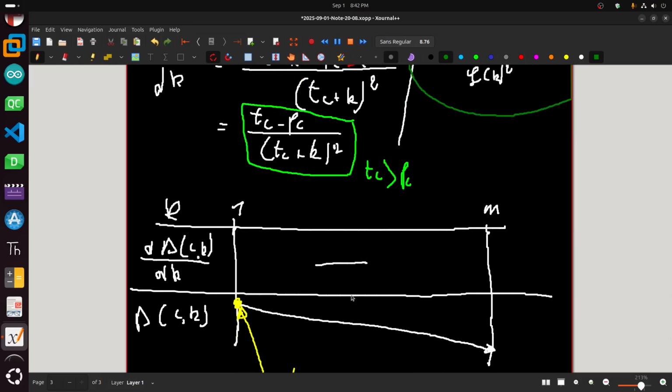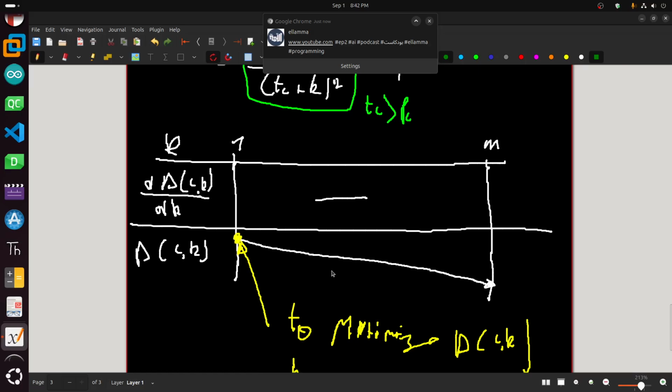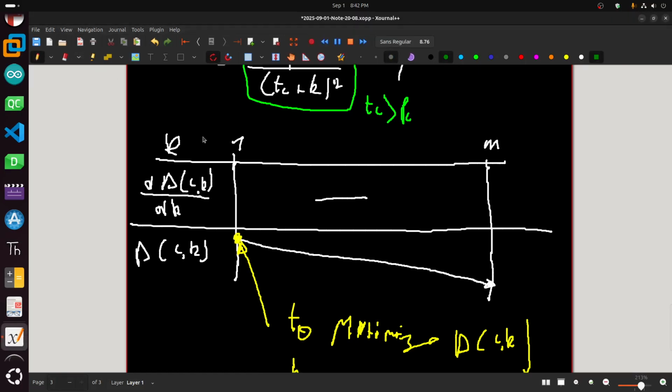So we can conclude that delta C_k is monotonically decreasing from 1 to m. So there is no need to choose k greater than 1 here, because if we choose a greater k, the increase of the ratio will decrease.